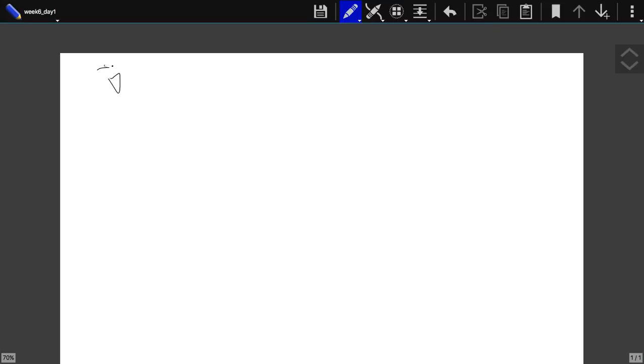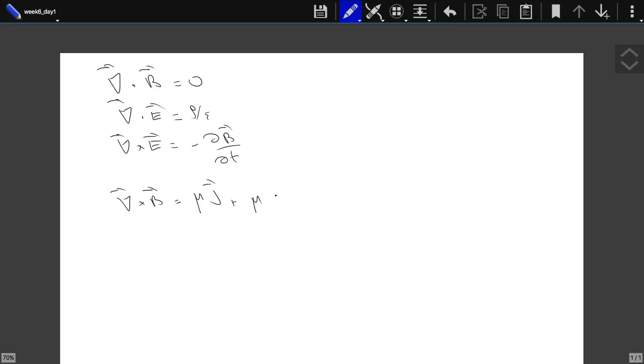And since we know that we basically need to solve 4 equations, these are the 4 equations we need to solve.